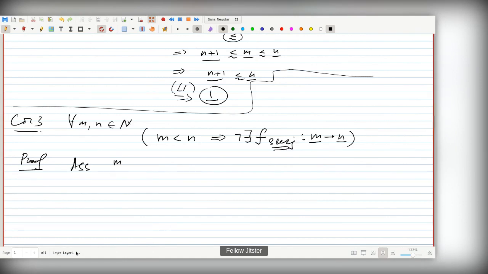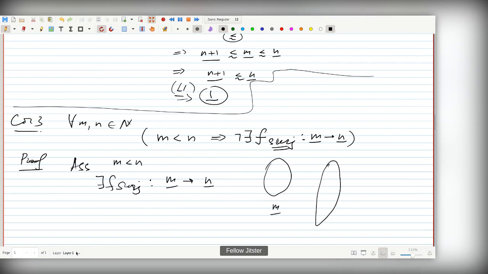Assume that we have some number M which is less than N, and in fact there is a surjection F from N underlined to M underlined. So M underlined and N underlined, N underlined is greater.